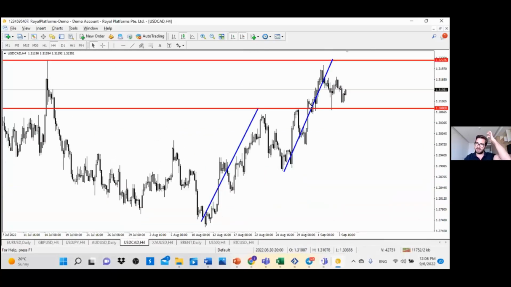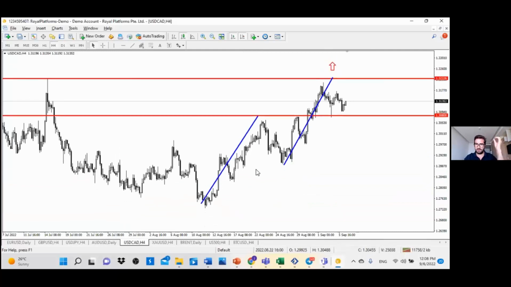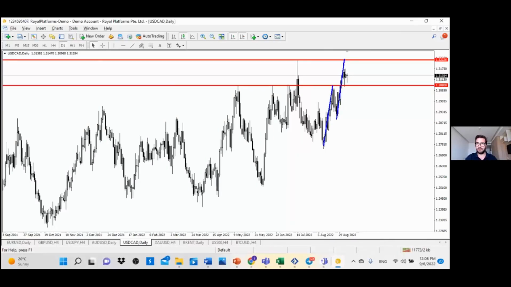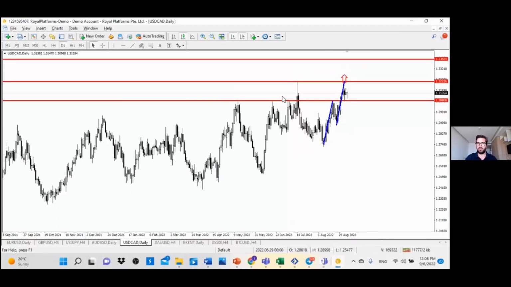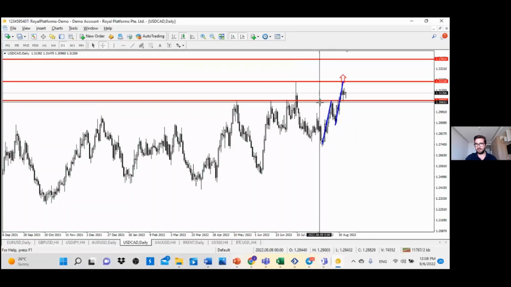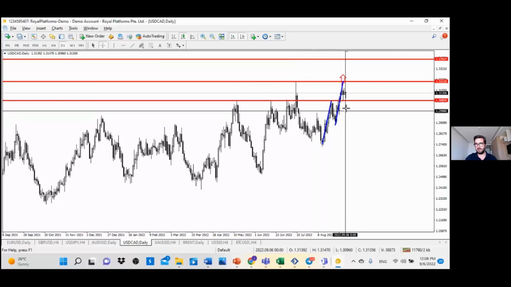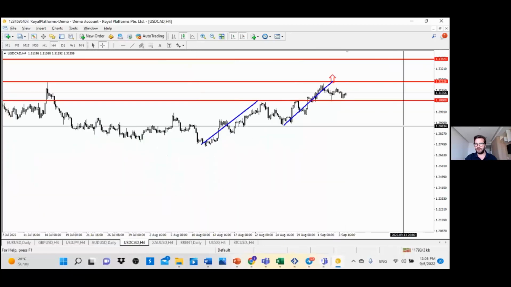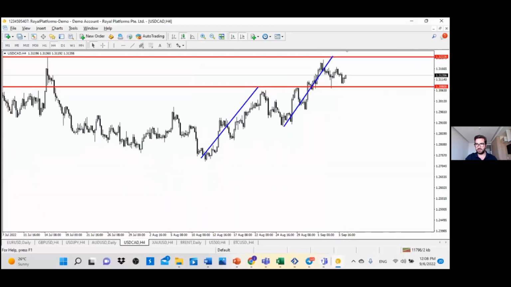USD CAD. We have an upward movement on the daily time frame, lower highs, higher high, lower high. For now, the market reached or completed the ABCD structure.